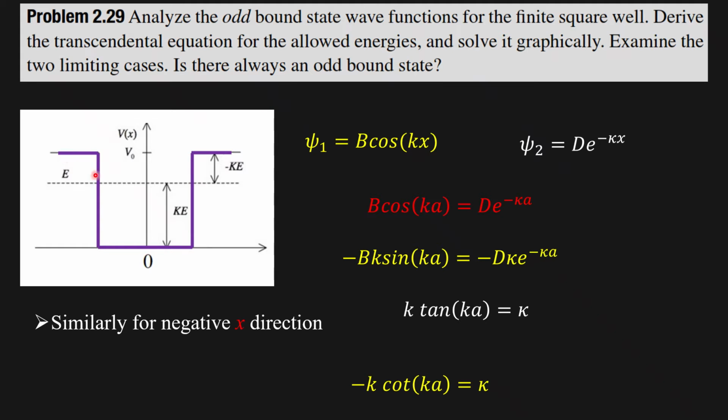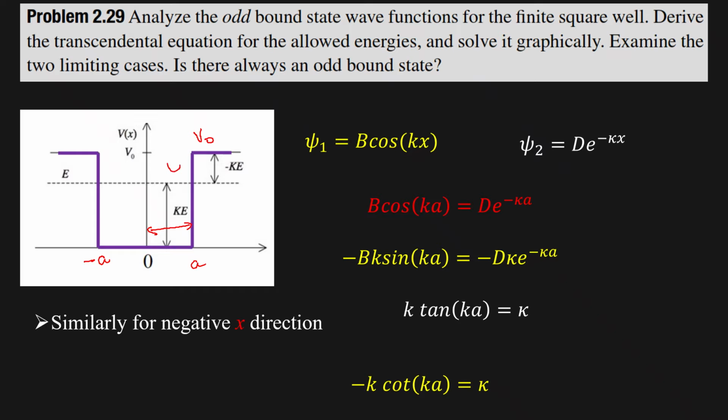So we have seen this finite square well potential. Inside the box, that is from minus a to plus a, the potential is zero. Outside, the potential is V naught. Here in the positive x direction, outside the box the wave function is psi 1 and inside it is psi 2.